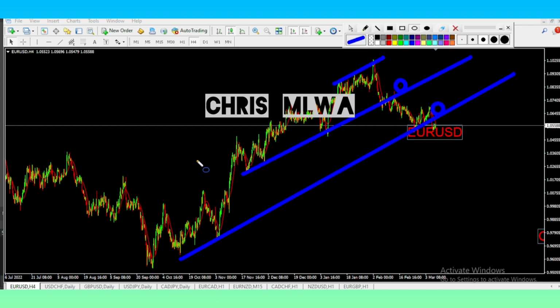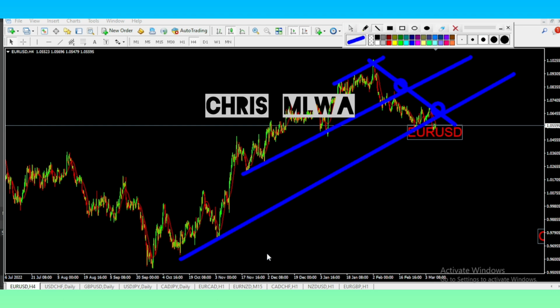On the daily time frame, as you can see, the market is still on an uptrend. The market is going up. This does not guarantee or show that the market has turned. Yes, it is retracing. This is what we call the correction or retracement. The market moves and corrects.